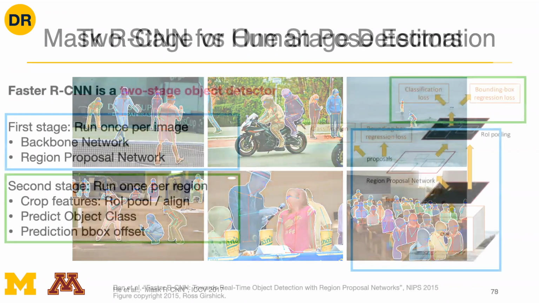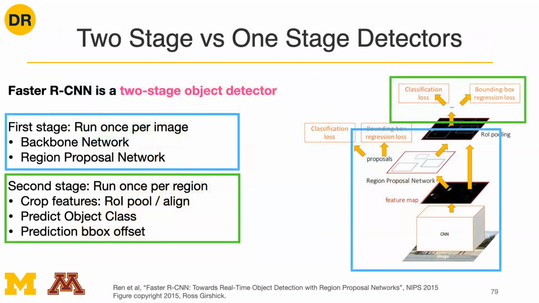Okay. So we talked about RCNN, which is basically a two-stage object detector. There are single-stage detectors as well. One example would be YOLO. We'll not go into that in the lecture, but we'll give you references so you can look into that.